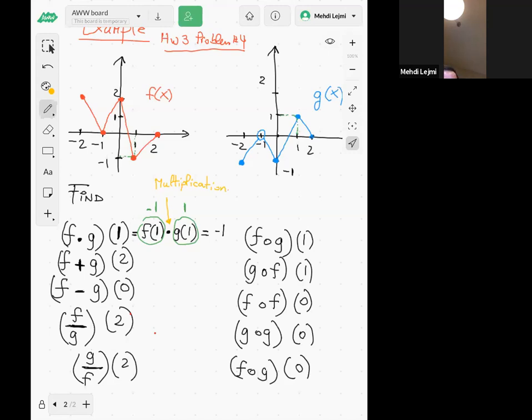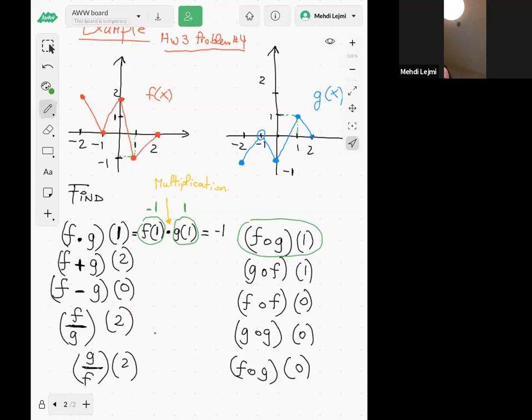Now I'm gonna show you how to do the composition. Okay, so now I'm gonna show you how to do this thing here. F composed with g of 1. All right. So okay, how does it work?